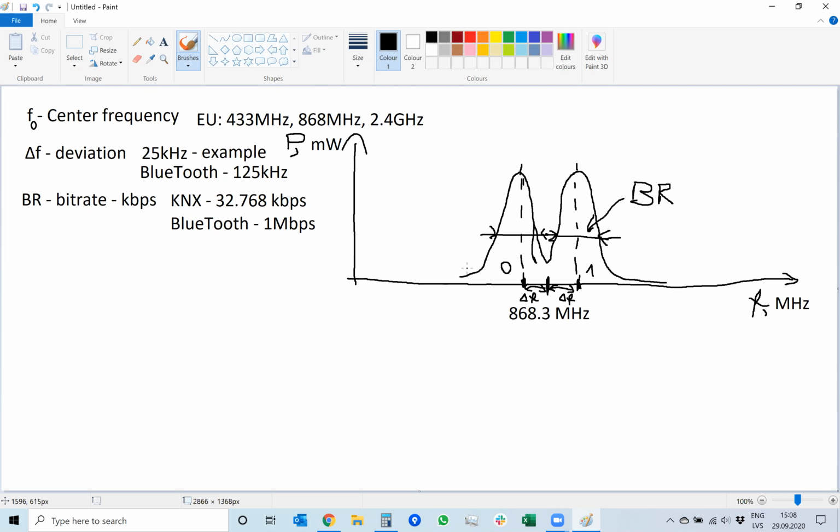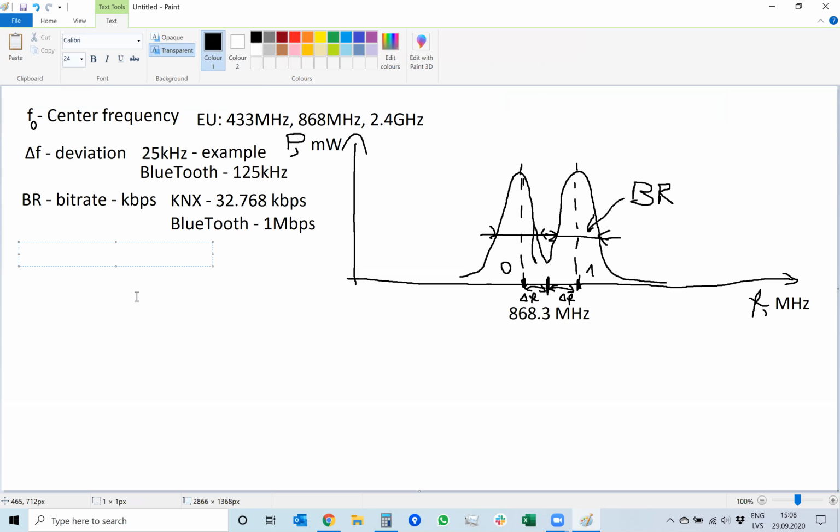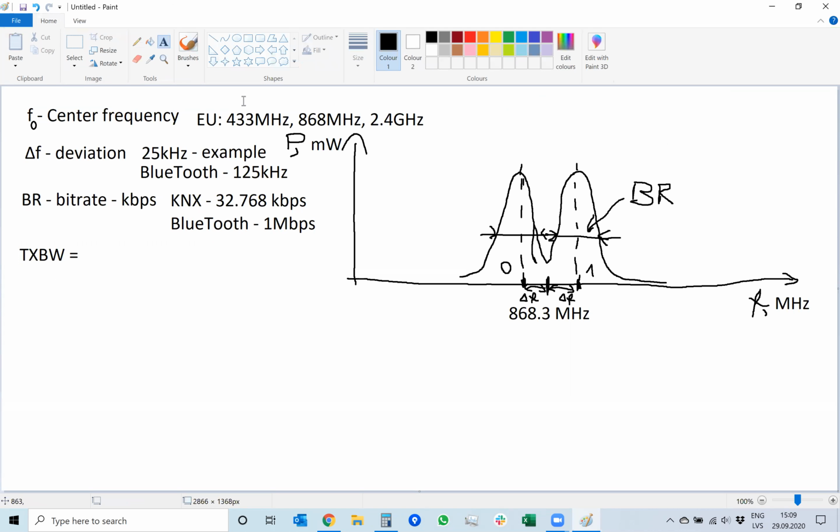So now we need to talk about the transmitted signal width, which we'll call Tx bandwidth. We want to know how wide is our signal. So if I ask you how wide is our signal in, for example, megahertz, well, it's actually pretty easy. The centers of the signal are 2 times delta f away.